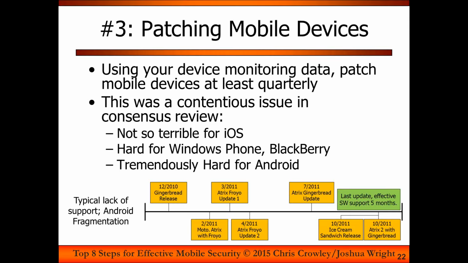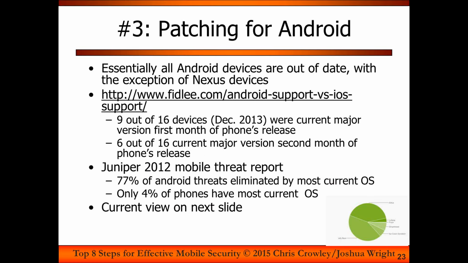But this really is, in my mind, the single biggest problem for Android. For Android, unfortunately, what we have is a tremendous fractionalization within the mobile devices that are actually deployed. So this is an older chart, but this reference that's in here actually shows a chart, and it's month-wise for each Android device, whether it was the latest major version of the operating system available for that particular piece of hardware.